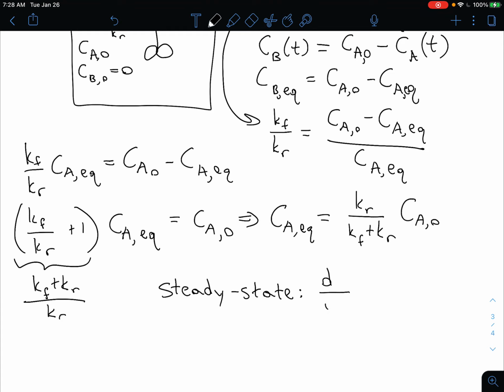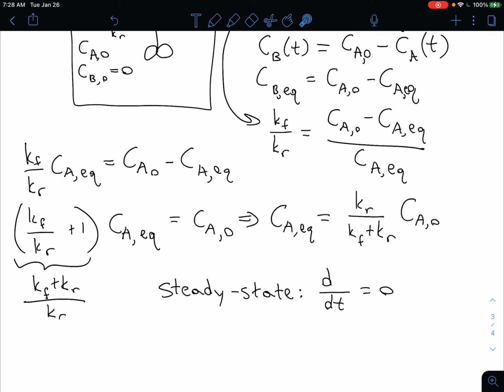Steady state means that all time derivatives, d by dt of anything, is equal to 0. And we're about to set up a differential equation for Ca as a function of time, and we're going to examine the behavior as dCa/dt equals 0, and we're going to show that this is in fact what happens. That's the value you get at steady state.